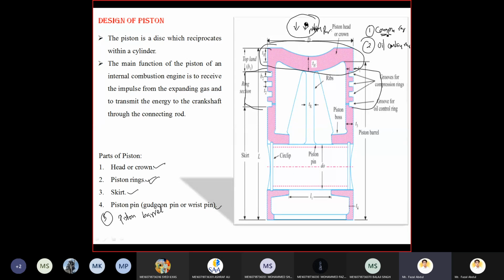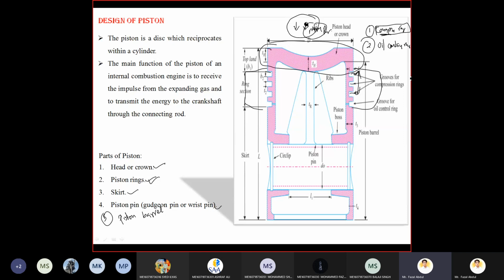The first one is the compression rings. The name indicates the purpose of the first three rings: compression, to provide better compression. It means whatever pressure is there is not going to escape if we provide three rings here. Why three rings, why not one? Because this pressure load is going to be distributed over these three rings.